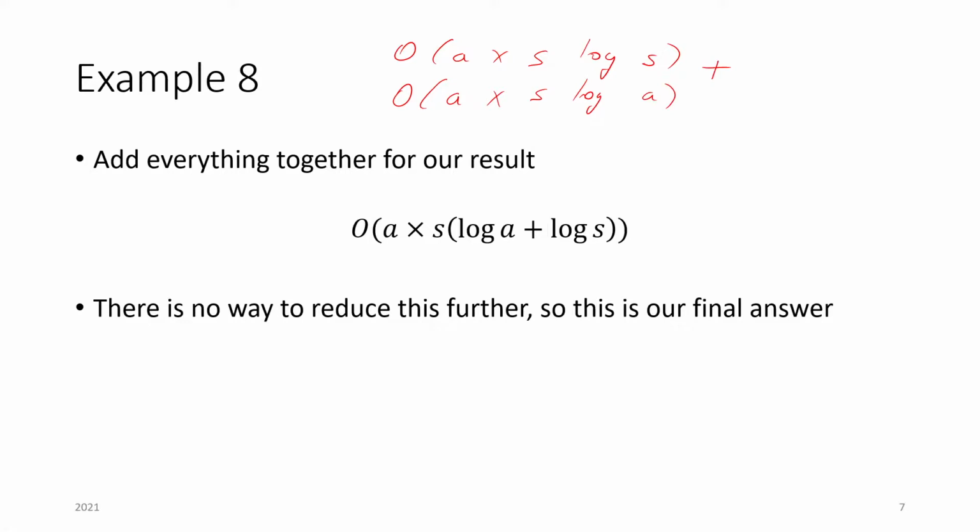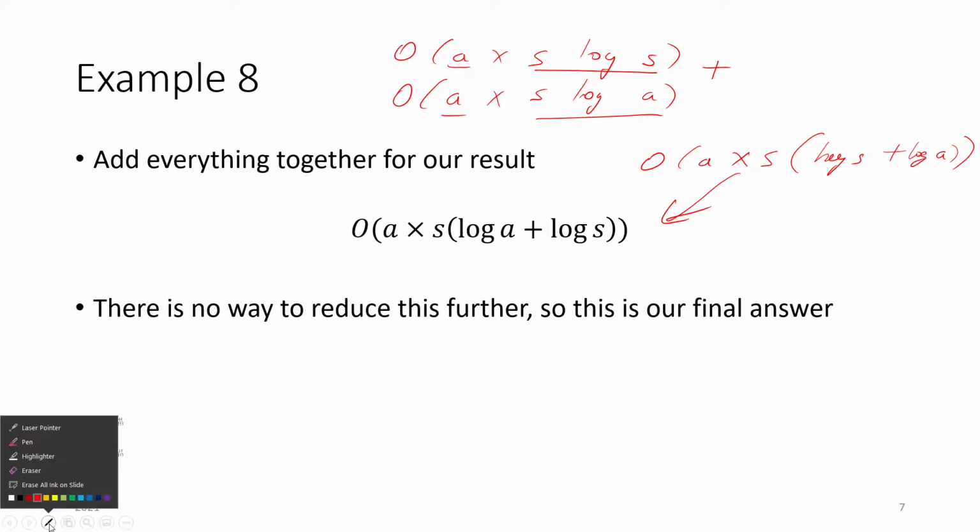We see that the A's here are constant, so that's perfectly fine. But we also have S log of S and S log of A, which means we can factor that out accordingly. That's why we get O of A here, which is basically constant regardless, and we have the S here. But then we have to make sure that we have log of S and log of A, and the two of them are added. So that's how we get log of S plus log of A, matching back to our answer here. And that's our final answer because there's no established relationship between S and A.